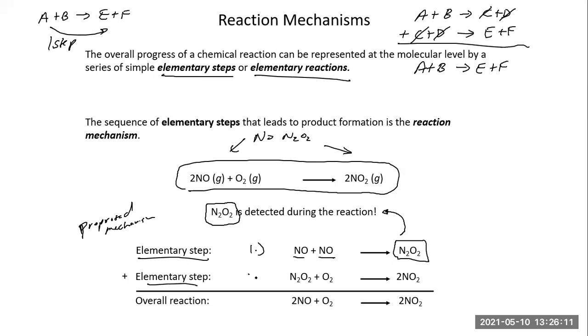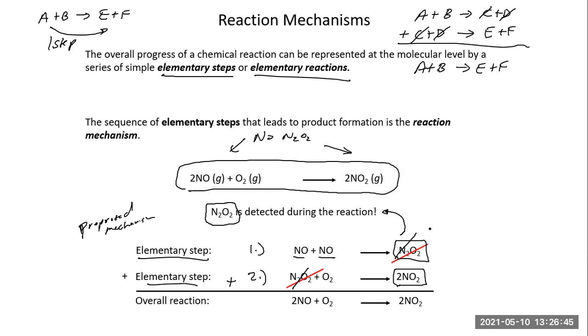In the second step of this mechanism, the N2O2 and some O2 react and form our product. If we add up the overall reaction, the N2O2 cancels out. Everything on the left-hand side stays on the left, 2 NO and 1 O2, and everything on the right-hand side stays on the right, and we have our 2 NO2 made in our overall reaction.